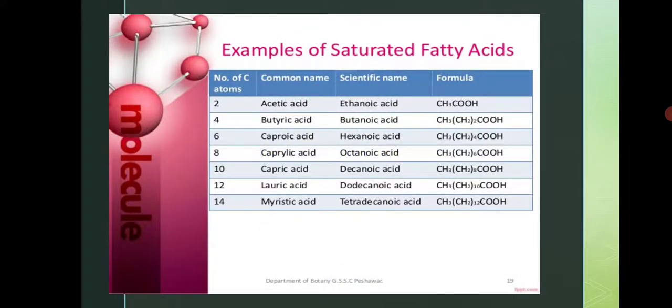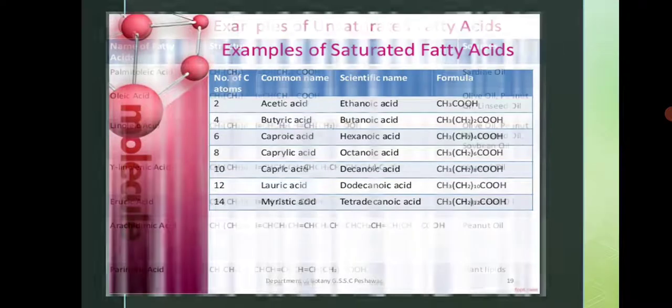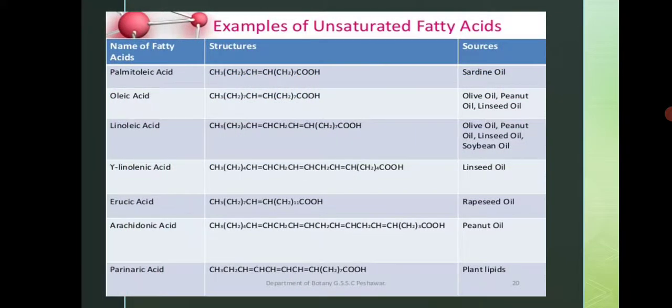Examples of saturated fatty acids like acetic acid, butyric acid, lauric acid, myristic acid. These are some common names with the scientific names with the formulas of saturated fatty acids. Next are the examples of unsaturated fatty acids like palmitoleic acid.